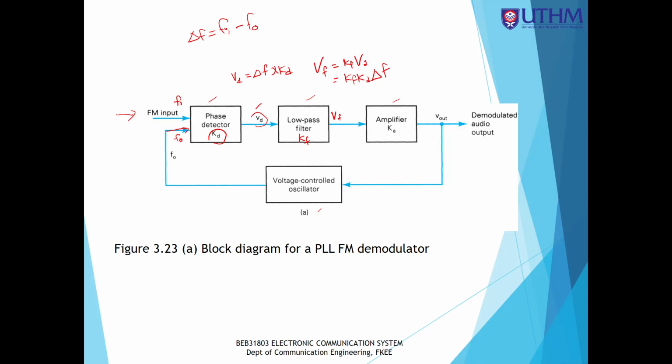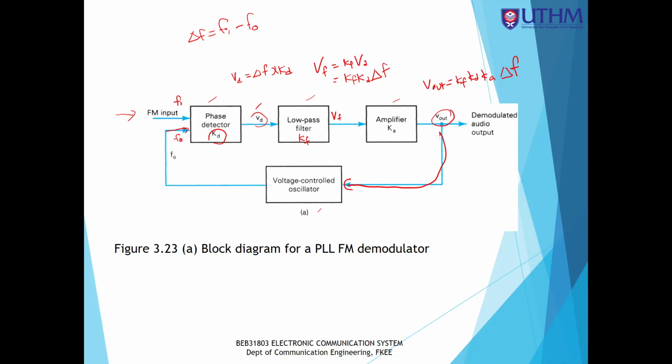And then Vout. Vout is equal to KF KD KA delta F. So it will produce the output voltage, and this output voltage will also be looped into the voltage control oscillator.